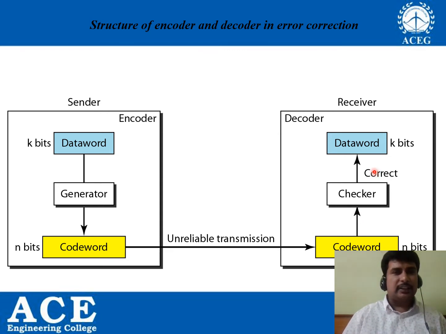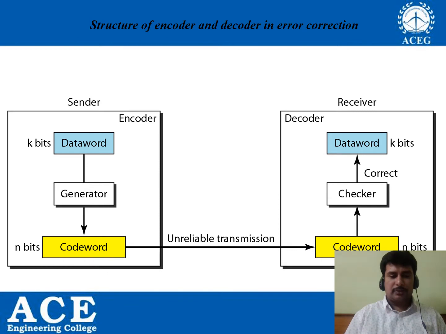We'll separate the redundancy bits and we'll extract the data. But in case an error is detected at the checker circuit, here we have two types of error correction process. If the receiver itself would like to correct the error present in the code word received, that process will be called forward error correction.